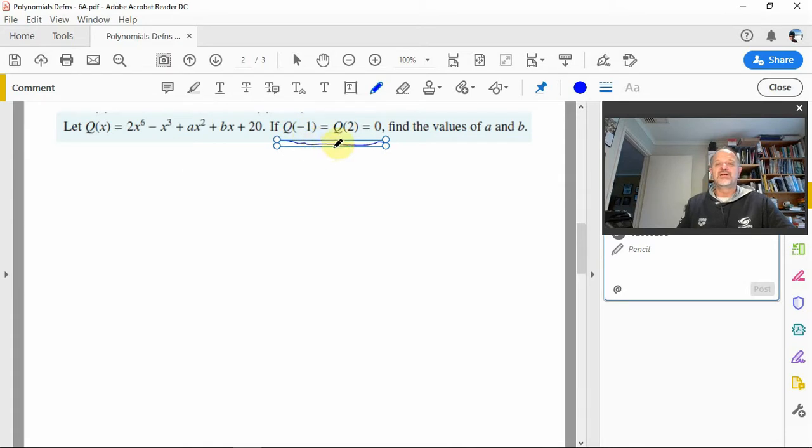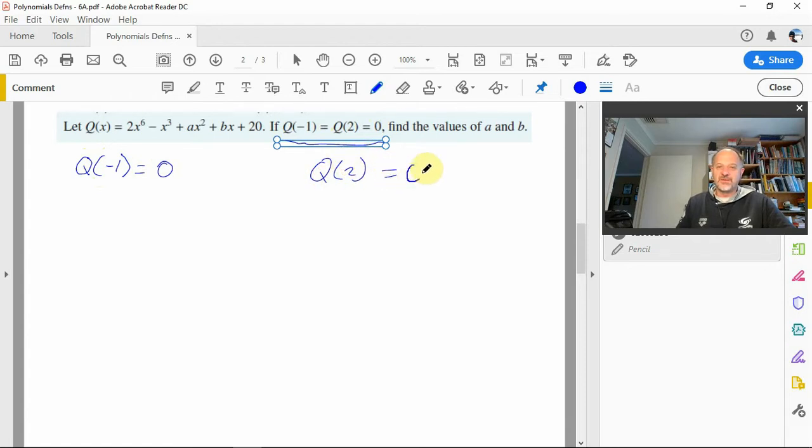So Q of -1 equals 0, and Q of 2 equals 0. What that means is this: it means that Q of -1 is 0, and Q of 2 is also 0.